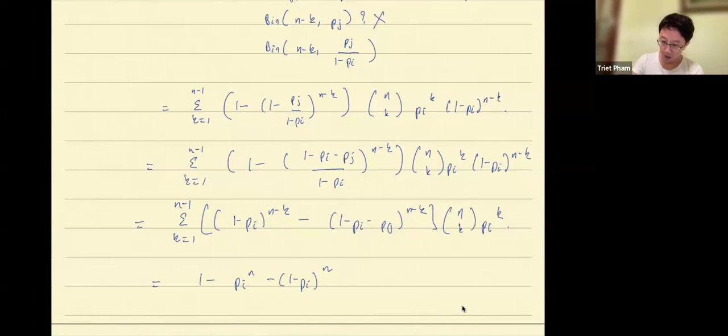This will also be a binomial sum, but they sum up to 1 minus Pj. I'm not sure if I'm doing it right here, but the sum is 1 minus Pi, and you subtract the 0th case and the nth case.